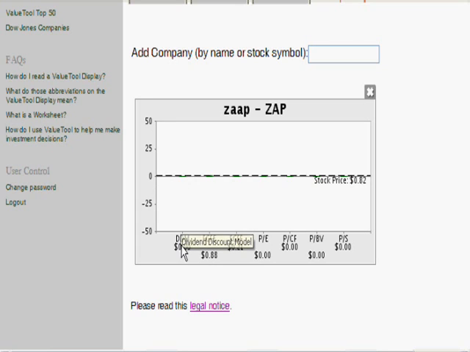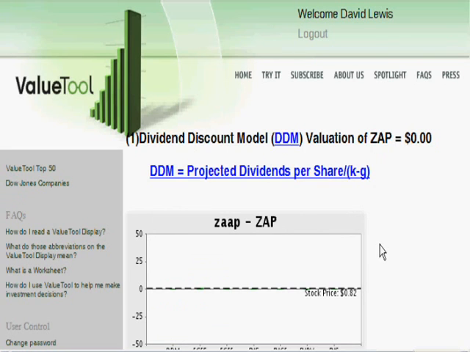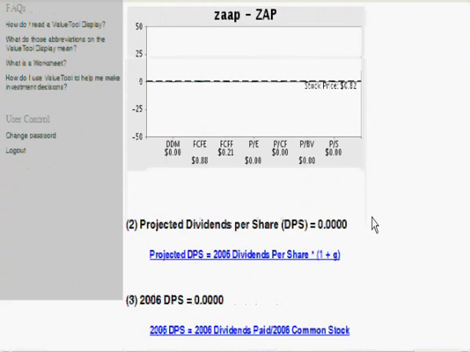What we're looking at here are 7 different indicators: dividend discount model, free cash flow to equity, free cash flow to firm, price to earnings ratio, price to cash flow, price to book value, and of course price to sales. Each one of these indicators we can click on, and it'll drill down and show us the actual calculations that are done.